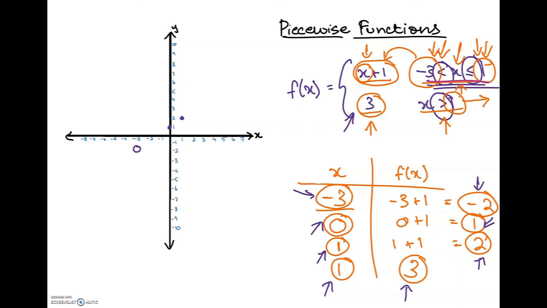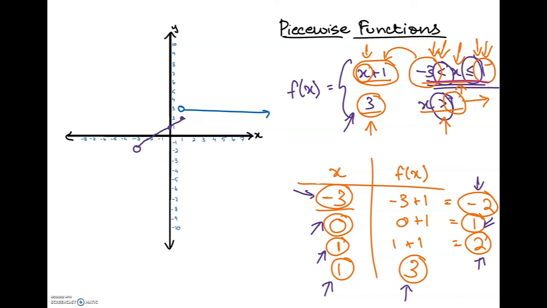So let's use a different color for that, and let's plot that point. It's going to be (1, 3), and we're just going to leave an open circle. And we know that y is equal to 3 for any x above 1, so that line is just going to continue like this. If we connect this part, our line is going to be something like this. So this would be the final piecewise function.